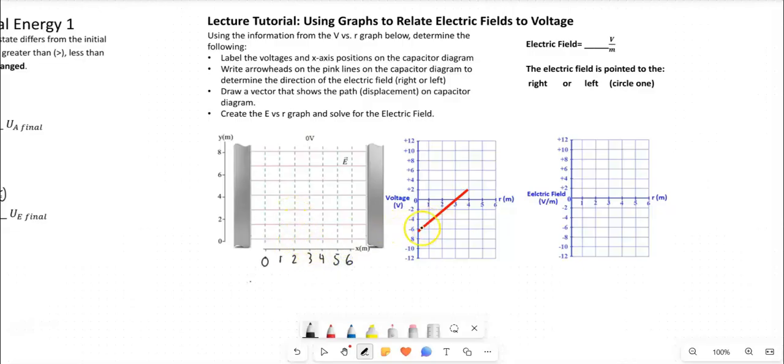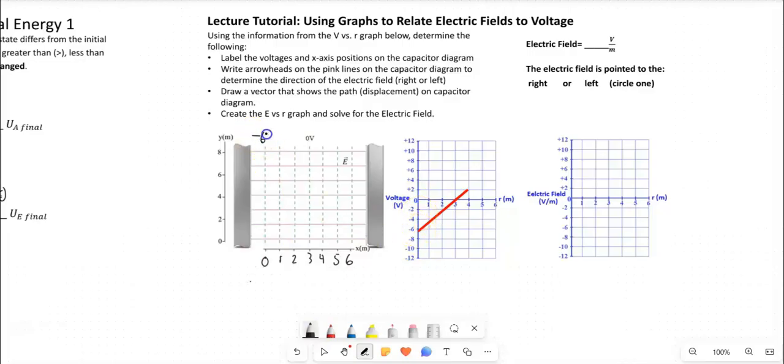And so at 3, that is going to be 0 volts, and to the right it's got to be starting off at 0, which is going to be -6 volts. So at 0 meters is -6 volts.